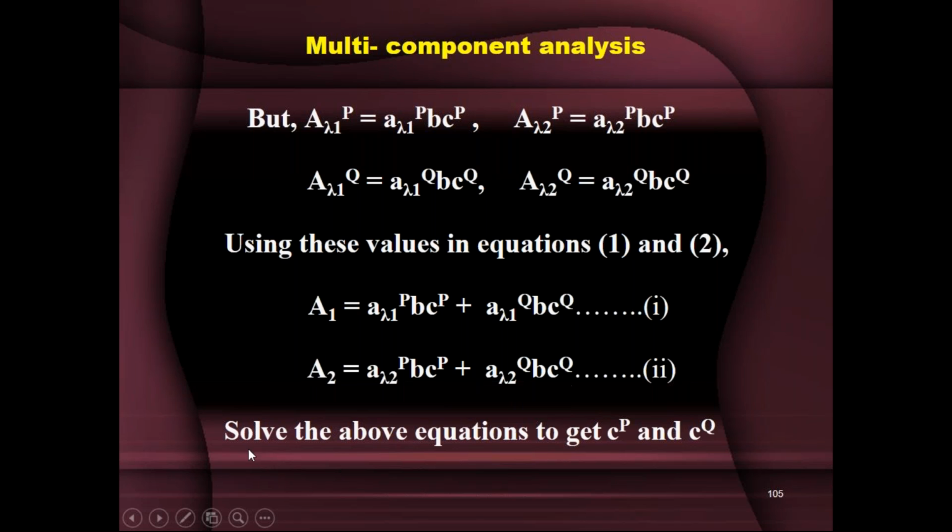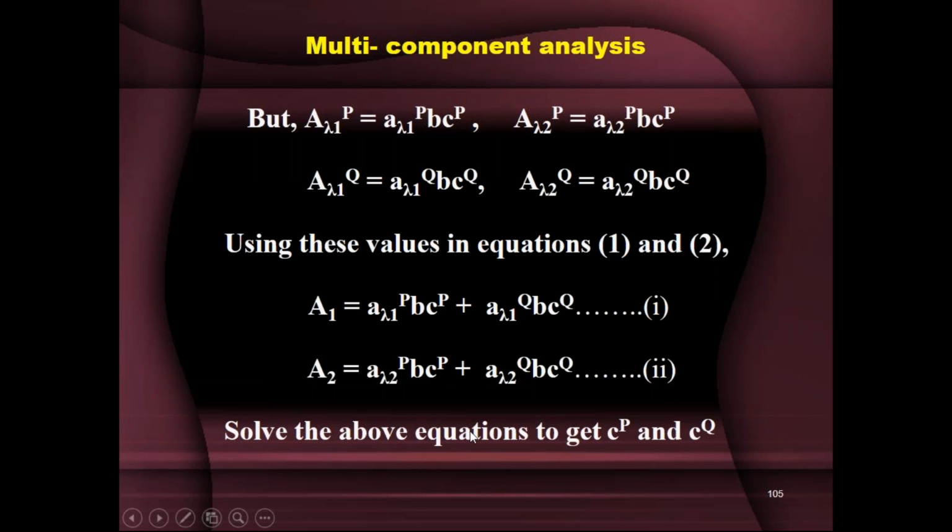Solve the two equations, that is, make one equation's coefficient the same for CQ. It gets cancelled out and you'll get the value of CP. Put the value of CP in one of these two equations and you will get the value of CQ. So you can solve these two linear equations to get the values of CP and CQ, that is, the concentration of P and the concentration of Q.